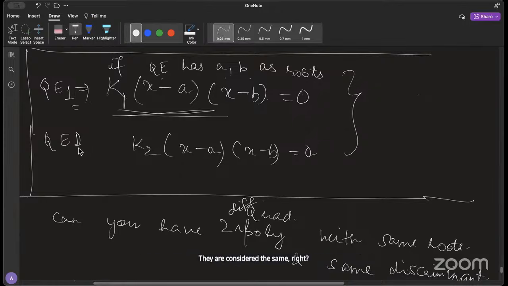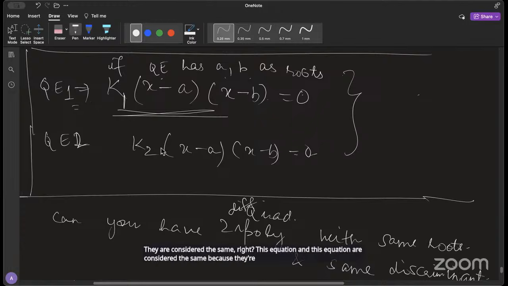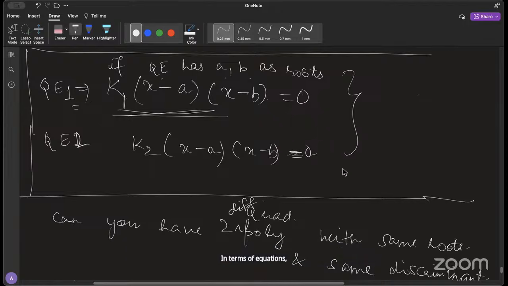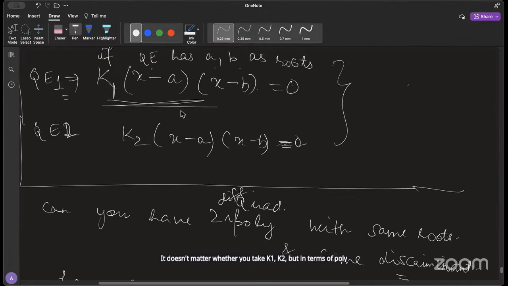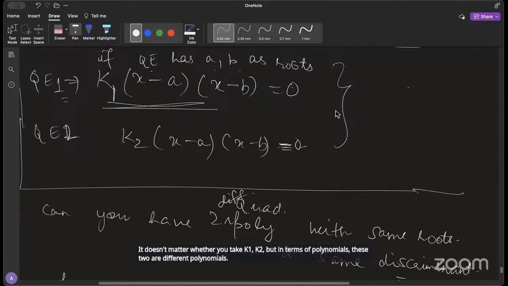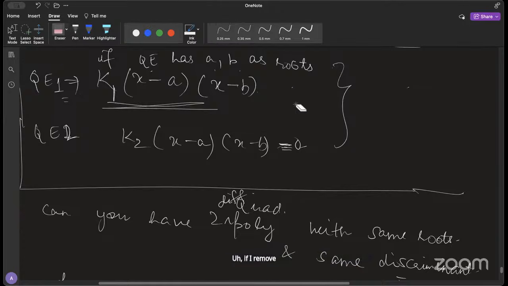This equation and this equation are considered the same because you can take k2 to the other side and then your equation becomes the same, right? In terms of equations, it doesn't matter whether you take k1, k2, but in terms of polynomials, these two are different polynomials. If I remove this, now these are polynomials, right? And they are different polynomials. But as equations they are considered the same.